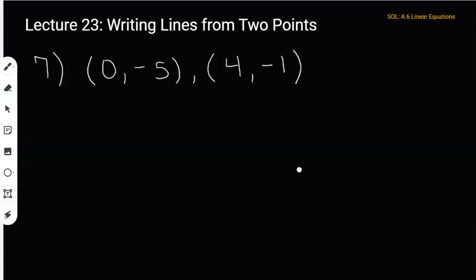So the first thing that I need to do is find the slope. I'm going to be using this formula right here. M equals y2 minus y1 on top of the fraction, and x2 minus x1 on the bottom.